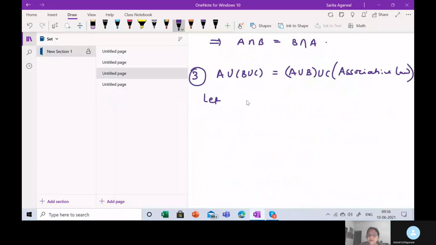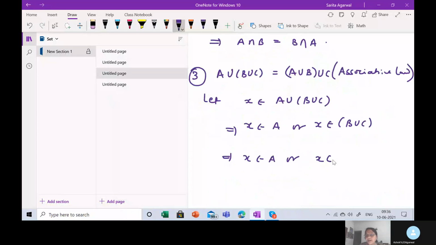Let X belong to A union B union C. That means X belongs to A or X belongs to B union C. That means X belongs to A or X belongs to B or X belongs to C. This OR is associative. We can club these two. So that means X belongs to A union B or X belongs to C.